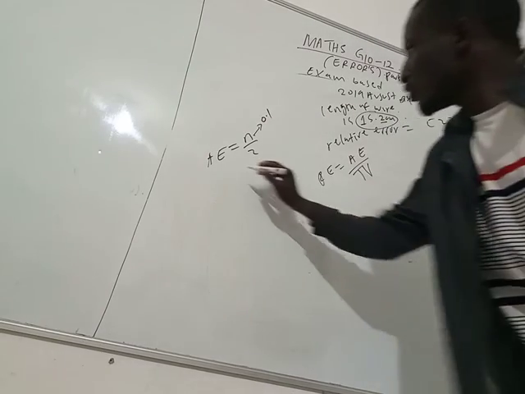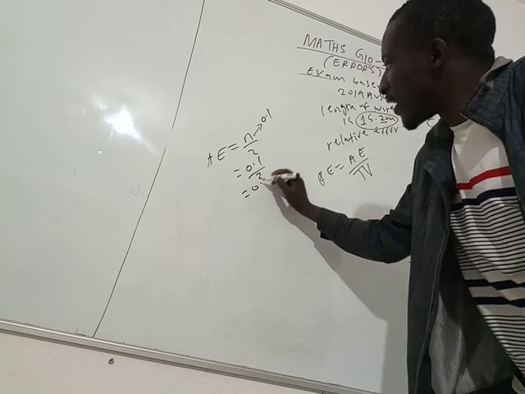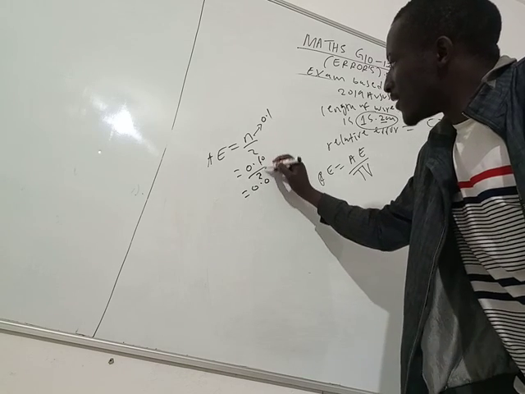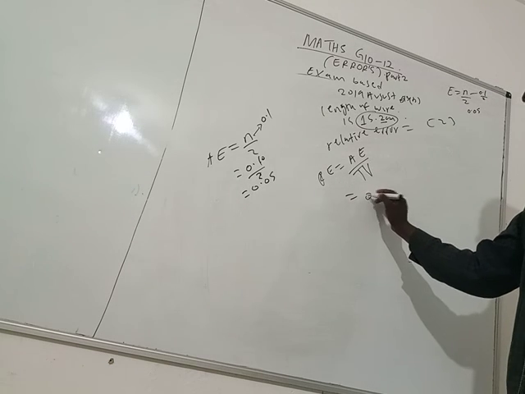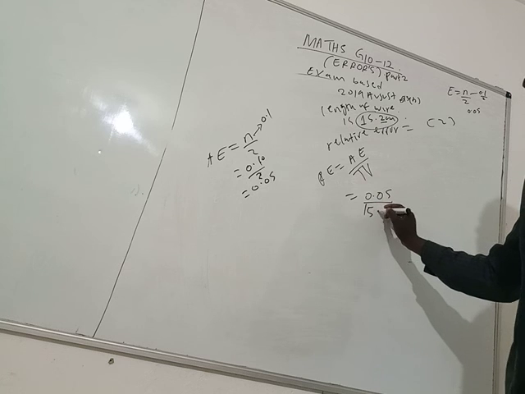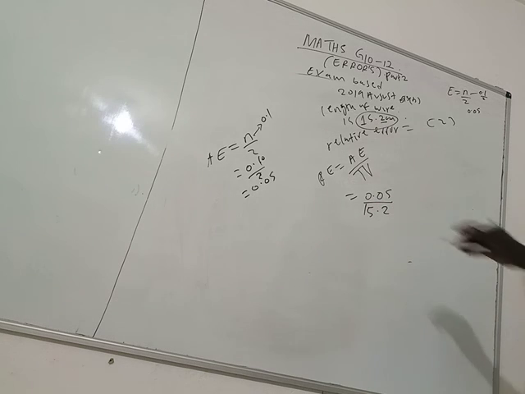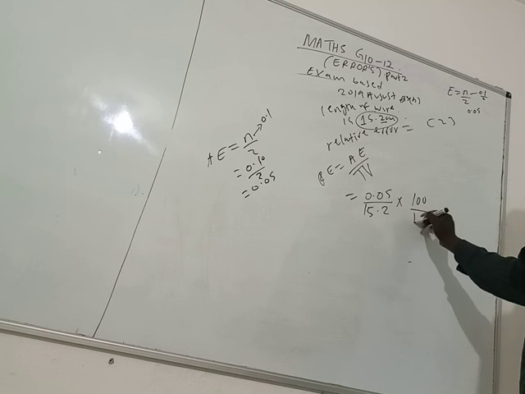0.1. So you say 0.1 divided by 2, this into this, you add a 0, 10. So that becomes your absolute error, which is 0.05. Your true value is 15.2. Okay? You can multiply by 100 over 100.